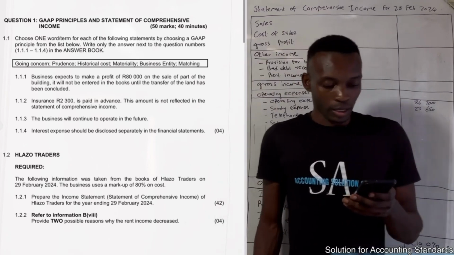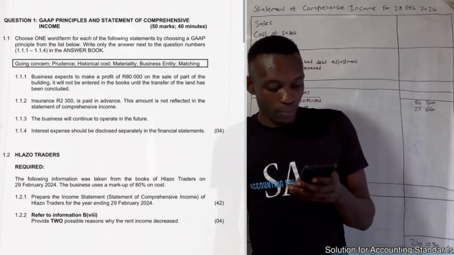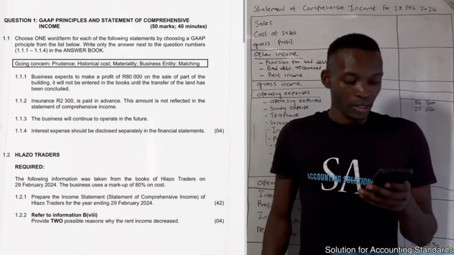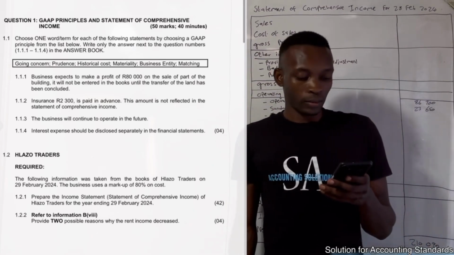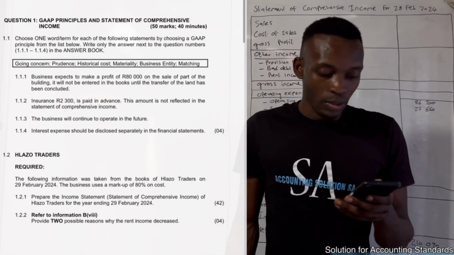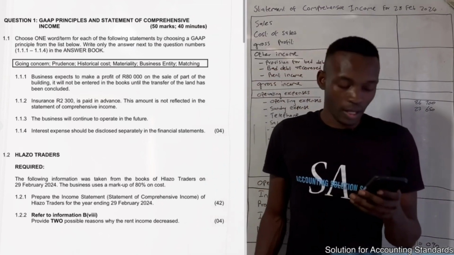Okay, then the next one, insurance of 2,300 is paid in advance. This one is very, very important. Insurance of 2,300 is paid in advance, and this amount is not reflected in the statement of comprehensive income.